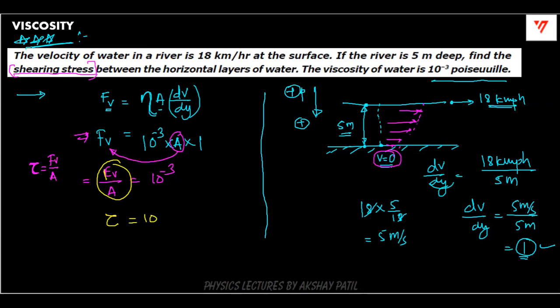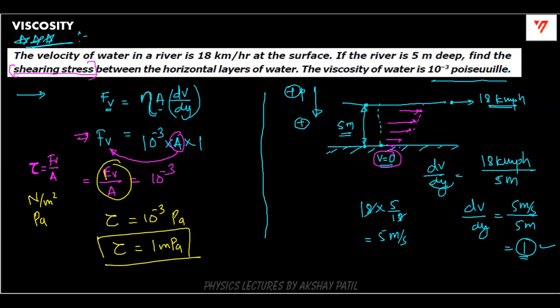It will be 10 raised to minus 3, and the stress has a unit of Newton per meter square or simply Pascal. So tau is equal to 1 millipascal. Milli means 10 raised to minus 3. So this is the answer to this question.